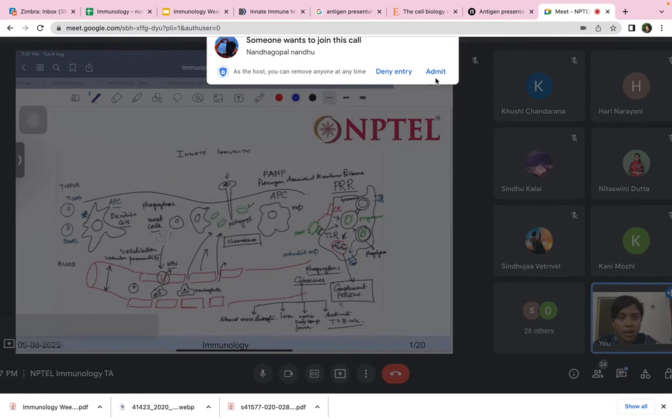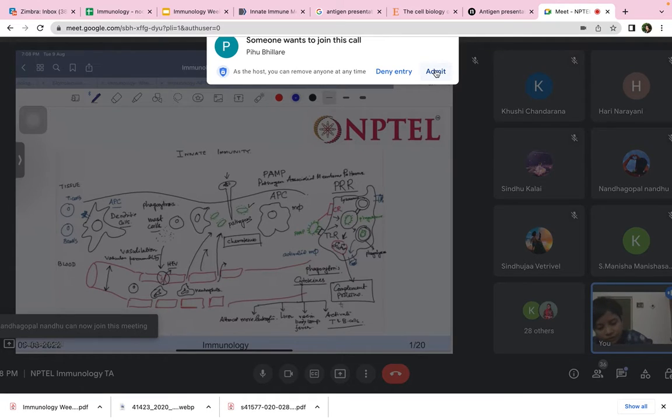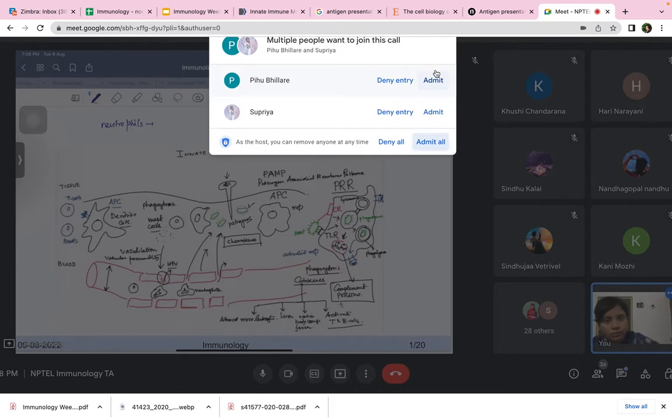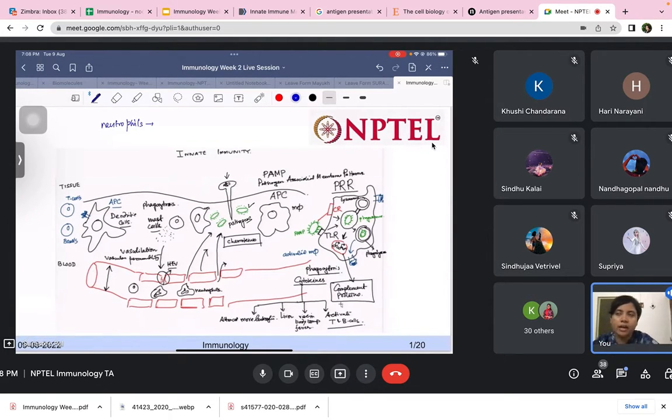One of the first cells, and the cell which responds in the largest number in this kind of situation, are the neutrophils, right? The neutrophils reside in our bloodstream, so they are streaming in our blood. But this infection is not occurring in our bloodstream, right?